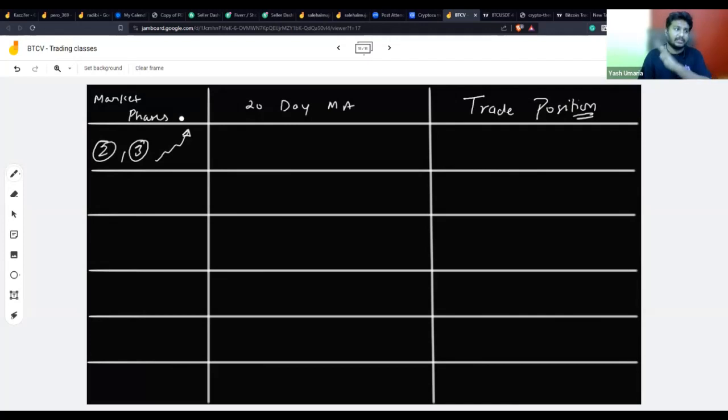The market is in the bullish territory. Remember, when I use a 20-day moving average, we only use it on Bitcoin. So the price of Bitcoin is greater than the 20-day moving average.